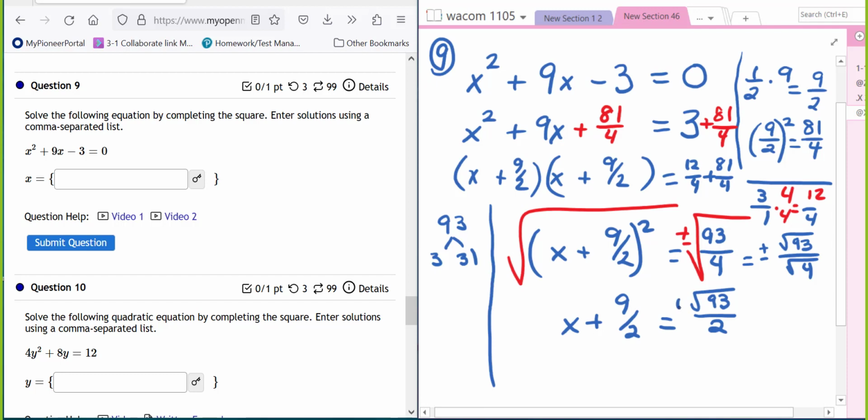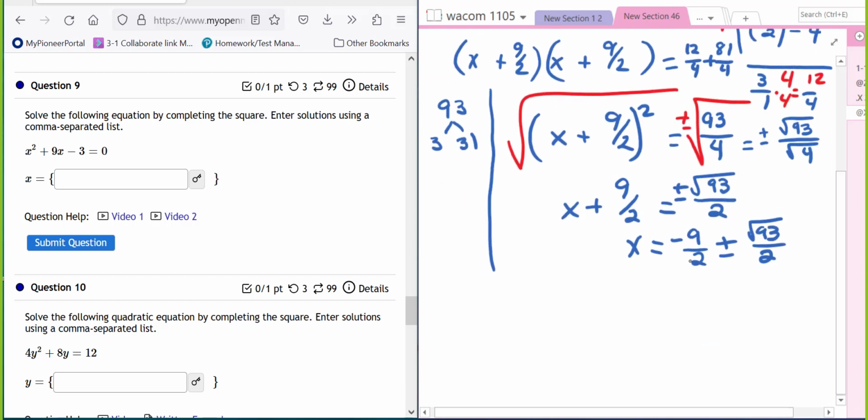I need to get my plus and minus back on there. And so now I'm going to subtract 9/2. So I'm going to do minus 9/2 in front of this. And I believe you could put them in with it separate. I did notice in the answers, it put them together as one piece.